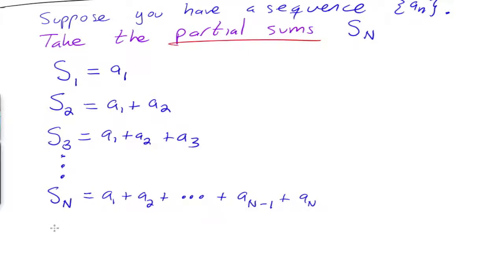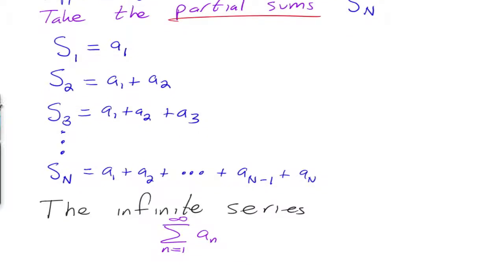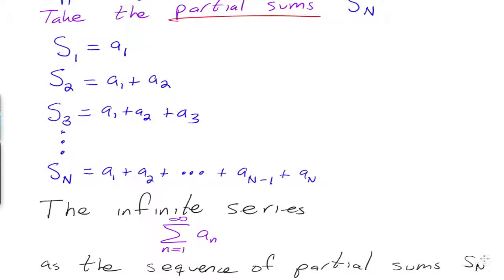So then we define the infinite series. The infinite series, which is written as the sum from n equals 1 to infinity of A sub n, as the sequence of partial sums S sub n.